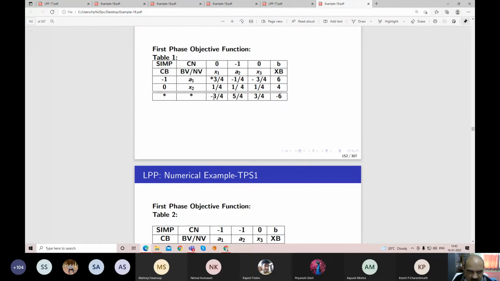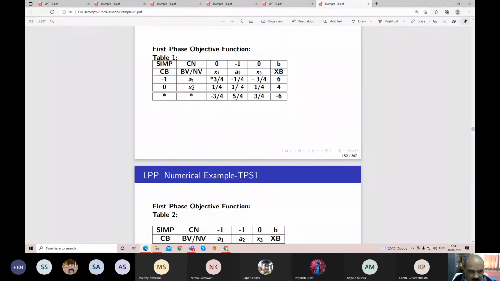With respect to this, what is the minimum ratio? You have here 6 by 3 by 4, that is 8, and 4 by 1 by 4, 16. The minimum ratio is 8, and it comes with respect to 3 by 4. Now we will relabel in this manner. X1 will come to the A1 position, and A1 will go to the X1 position.